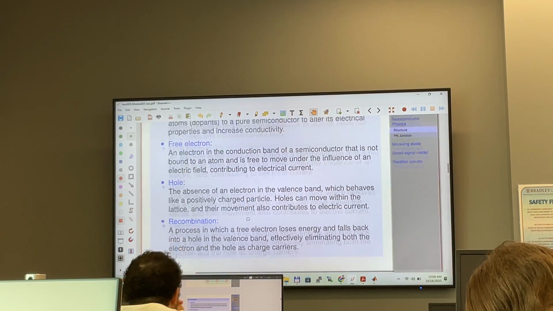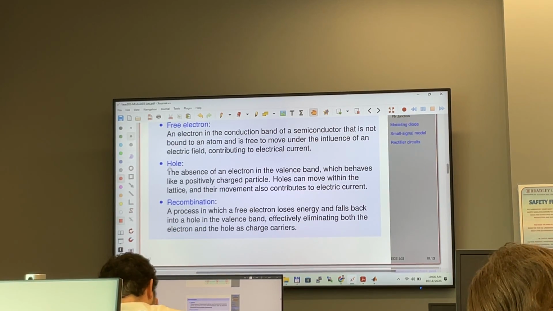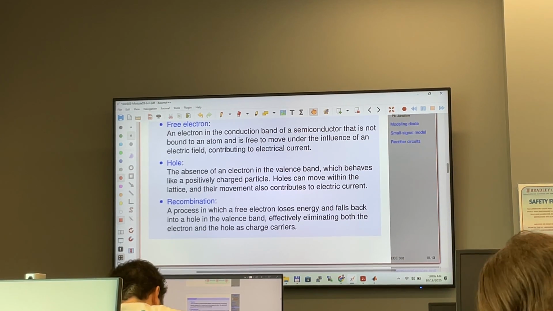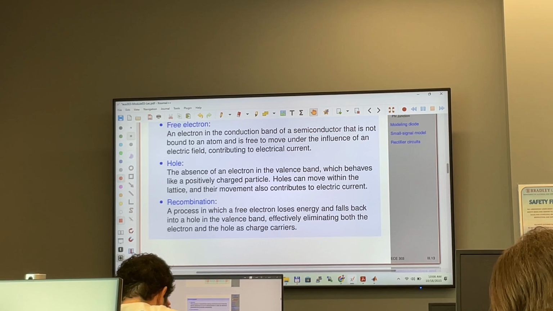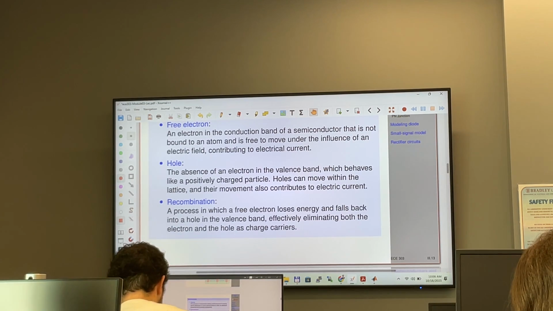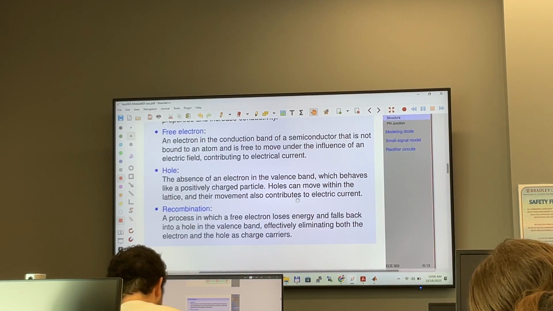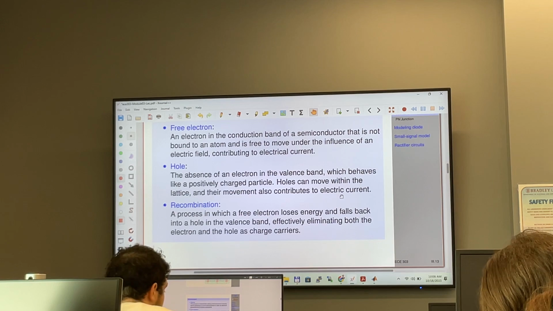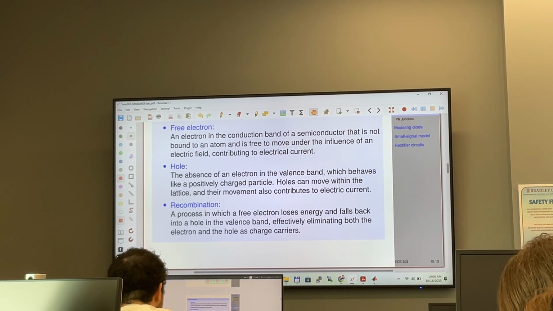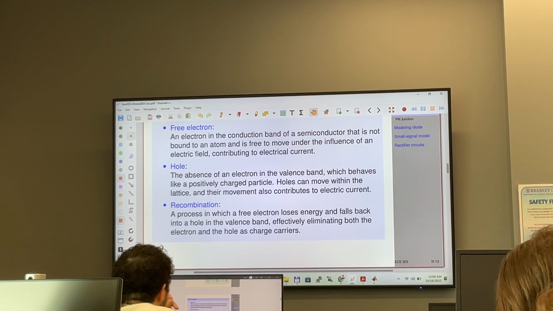And what is a hole? When you add some dopants, a hole is a positively charged particle. The positively charged particle and the negatively charged particle both contribute to electric current.